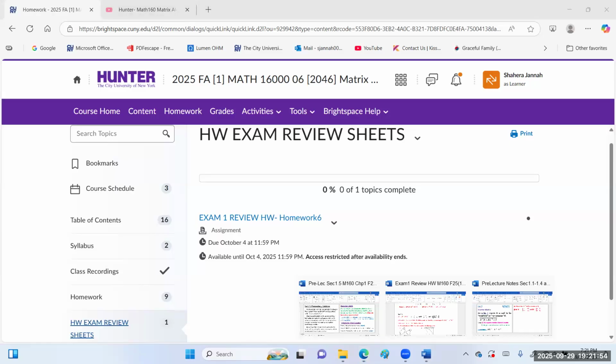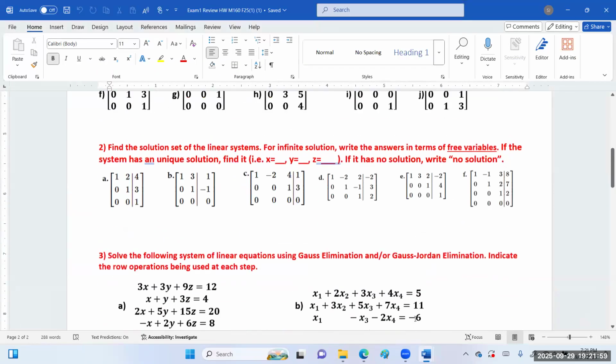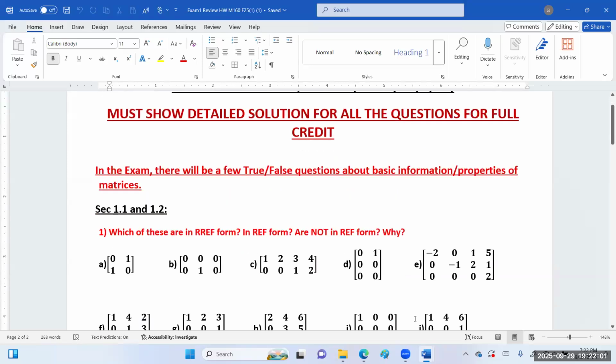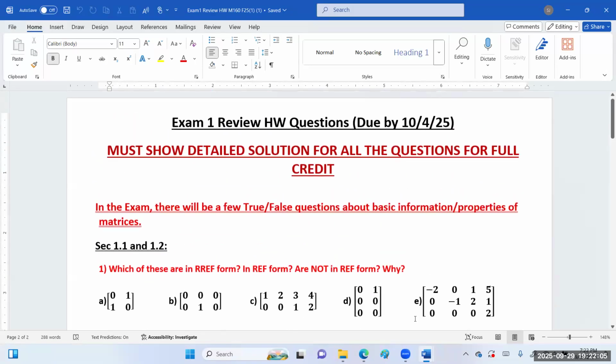Okay, so then we have this. In the exam, I'm going to ask you true/false, fill in the blank, multiple choice questions probably. Probably it will be 10 points, something like that. And those questions will be from your lecture notes.